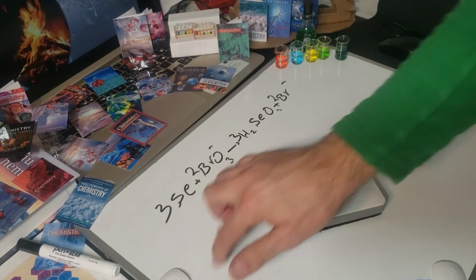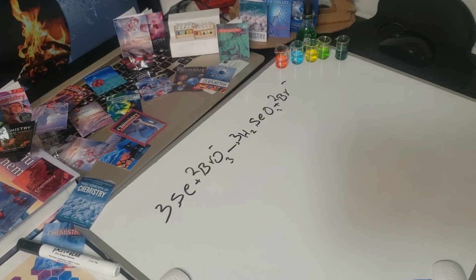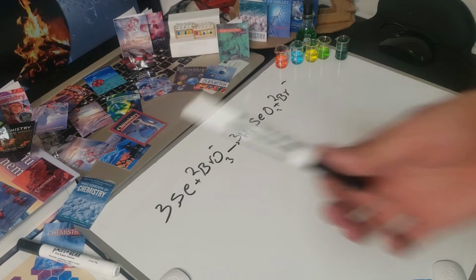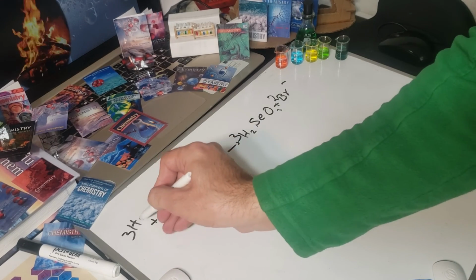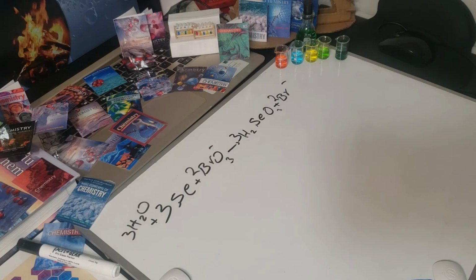That means I need to add hydrogens to the other side, so I do 3 H2Os here. Okay, let's just count the number of oxygens.